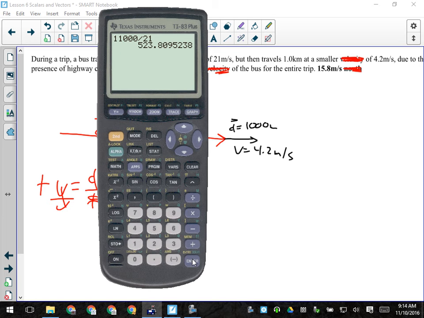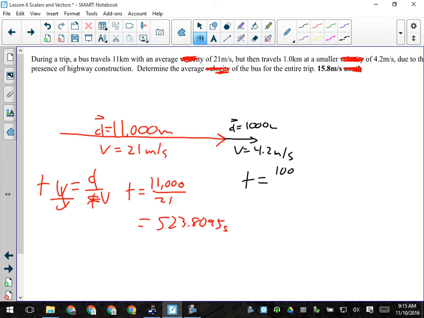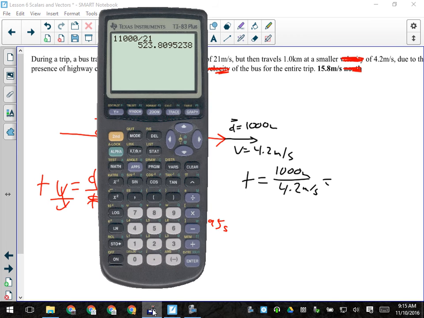So 523.8095, and there are some other numbers. I'm not going to write them all down, but we've obviously got more numbers than that. Seconds. Then I've got to do the same thing for the 1 kilometer section. That's going to be 1,000 meters divided by 4.2 meters per second, which is going to be 200 and something, I think.